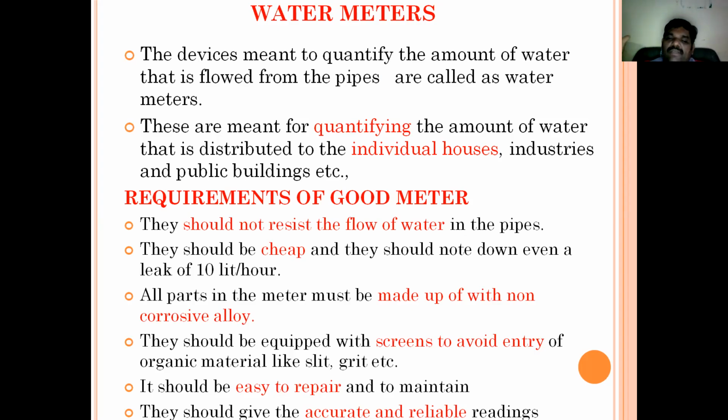They must be easy to repair, and give accurate readings of whatever the consumer utilizes. They should be available at cheap cost, and should be able to count even the small and minimum amount of water passing through the pipelines, even the small amount of water wasted through leakage.